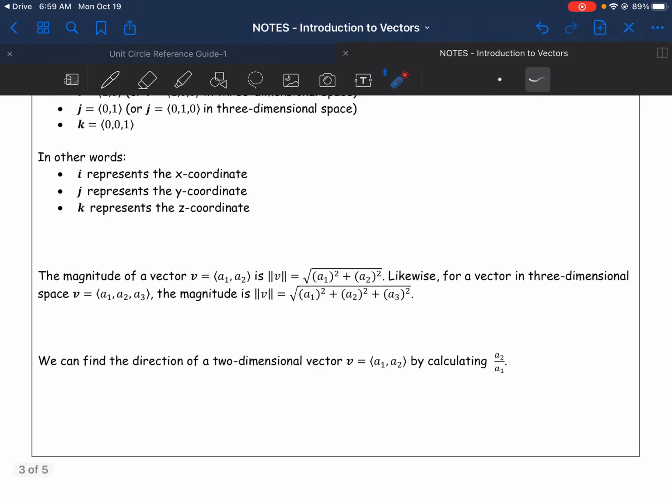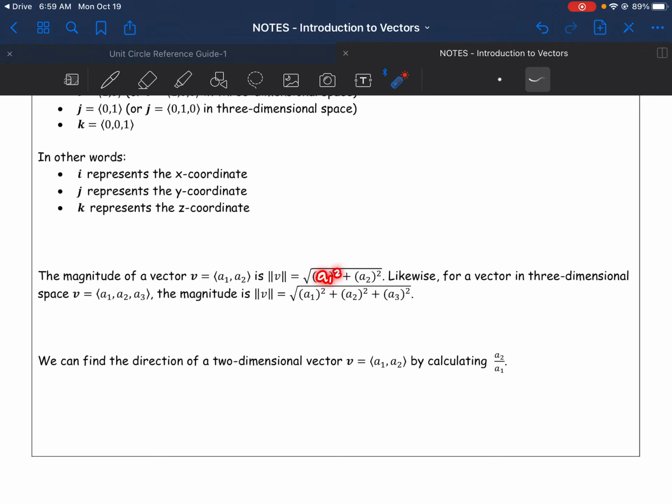If we have a vector written in component form right here, and this is the x component, this is the y component, and we know what those components are, then the magnitude of a vector written in component form like that would be the sum of the squares of the components.